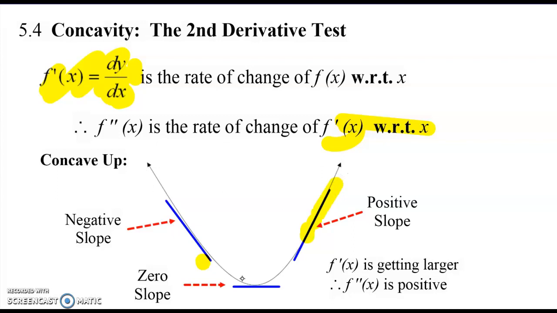This derivative is getting larger as you read this graph to the right. If the derivative is getting larger, this rate of change is getting larger, then we know that the second derivative will be positive. We know it will be concave up. So the second derivative will be positive, which means that this original function was concave up.